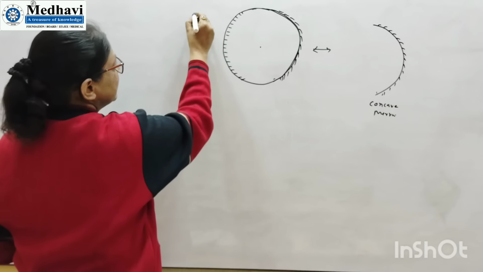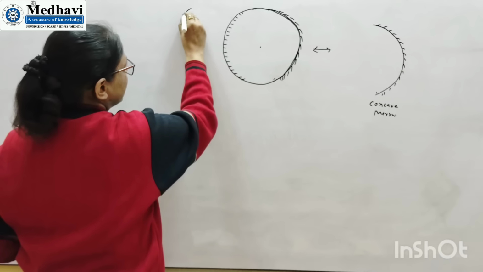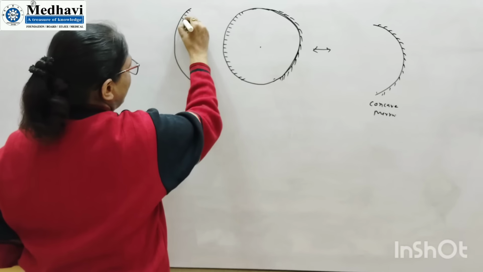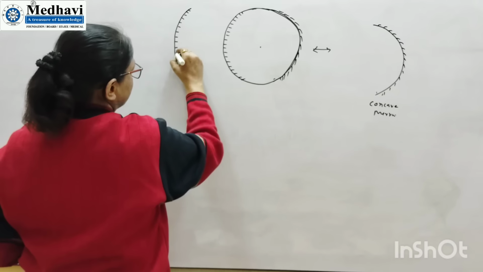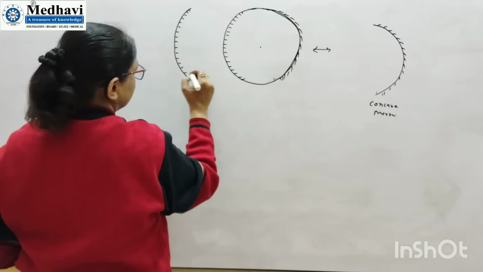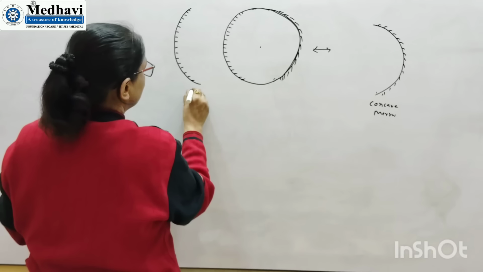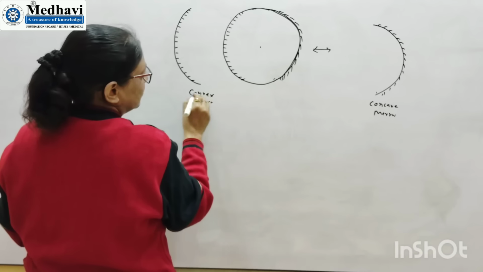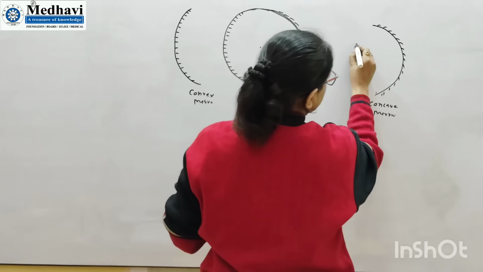In the second case, silvering is done on the hollow part. This is the hollow part. This is called a convex mirror. So light will strike here.